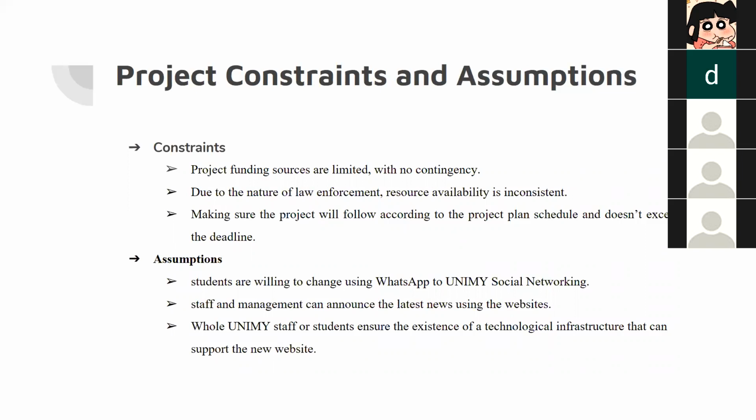Currently, UniMy uses WhatsApp more than our UMS website. So hopefully all students will be willing to change from using WhatsApp to our UniMy social networking. Staff and management can also announce the latest news using this website. All UniMy staff and students ensure the existence of a technological infrastructure that can support the new website.